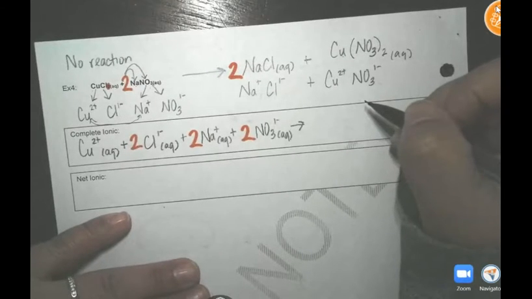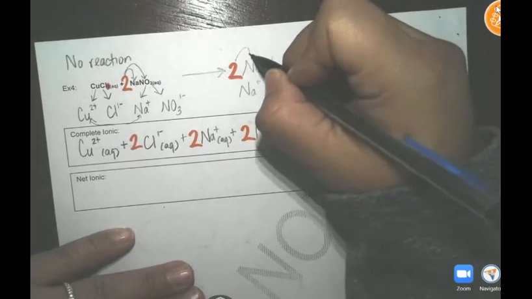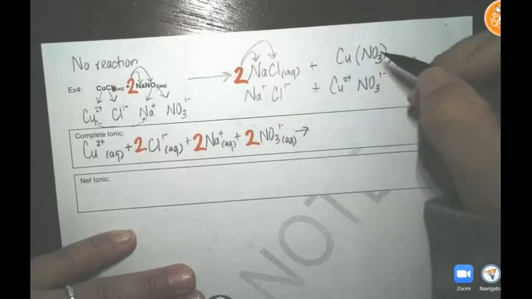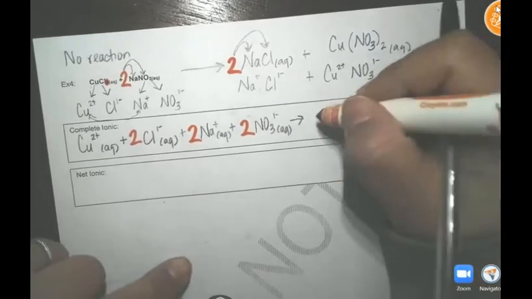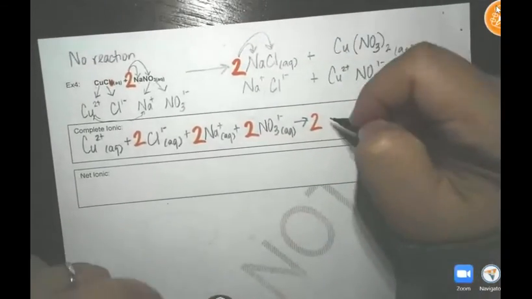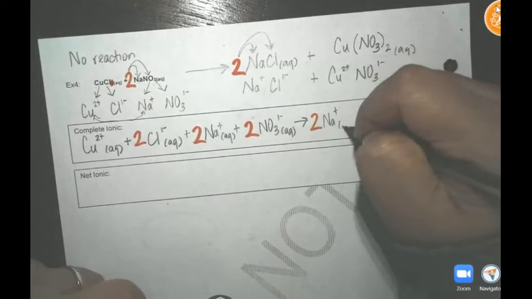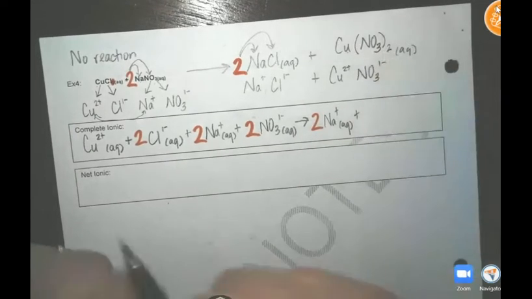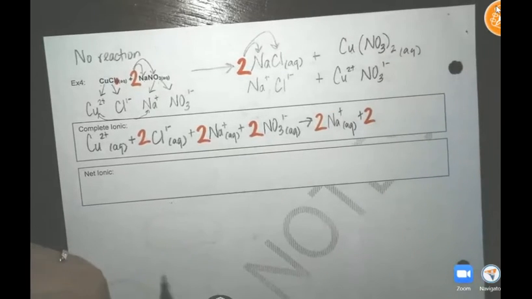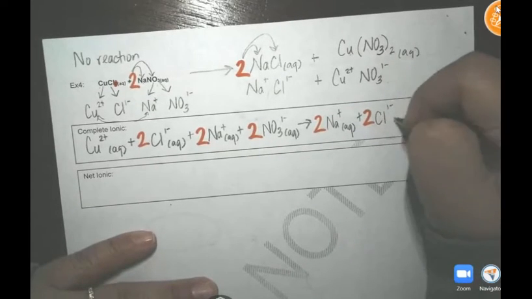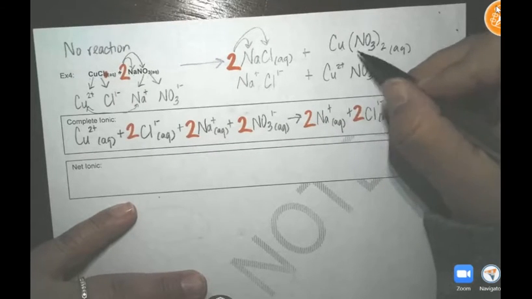Nothing stays together. So now, once again, these have to be distributed to Na plus aqueous plus 2 Cl 1 minus aqueous plus, now I have to write these, right?